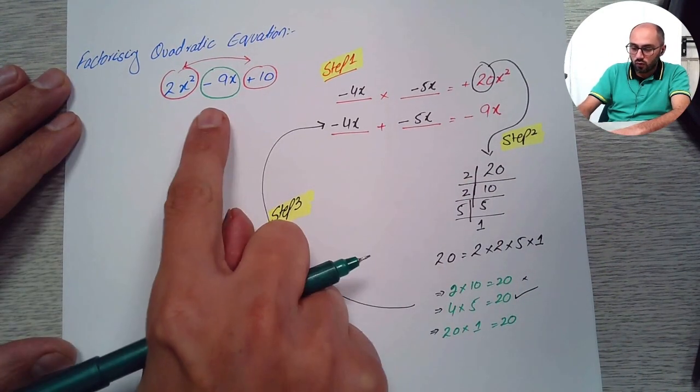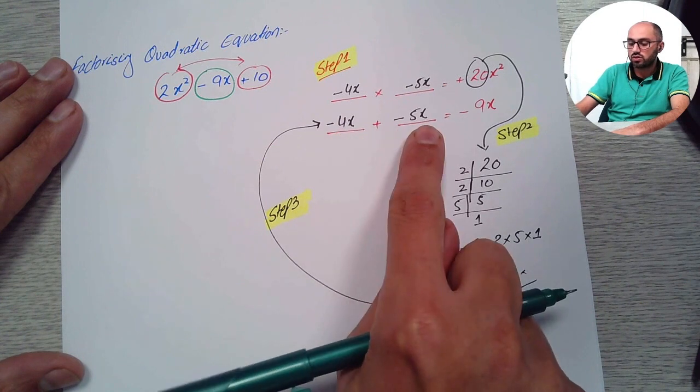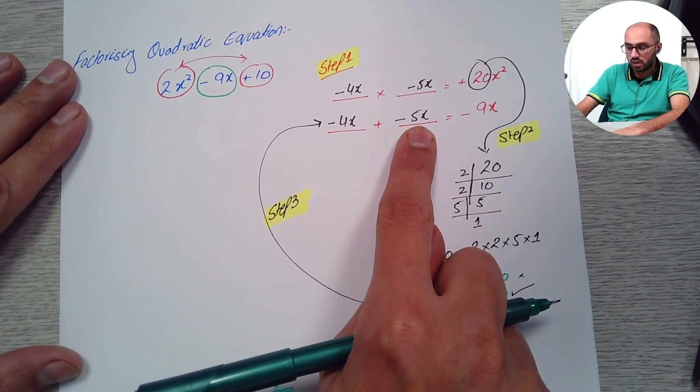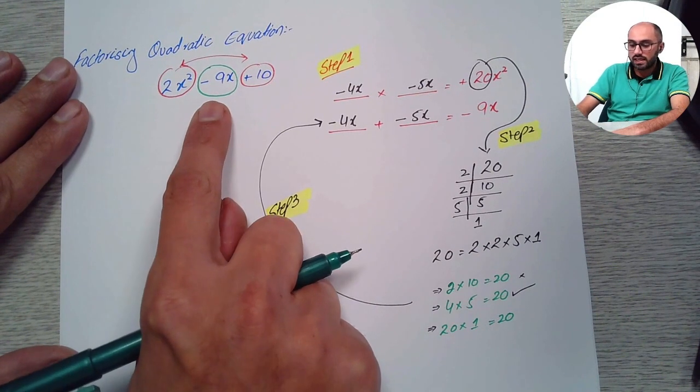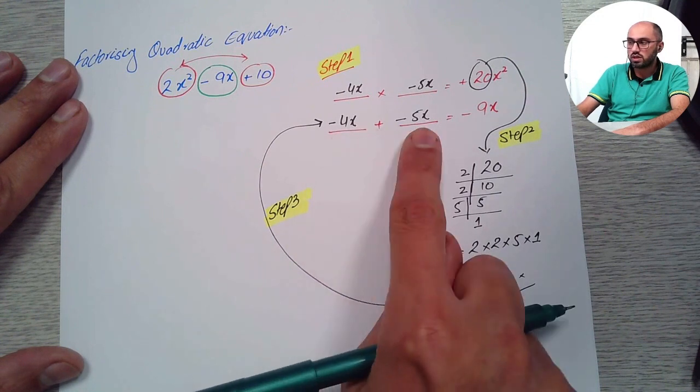My step 4 will be replacing this minus 9x with these two numbers. So my step 4, I'm repeating it once more: replacing minus 9x with these two numbers.